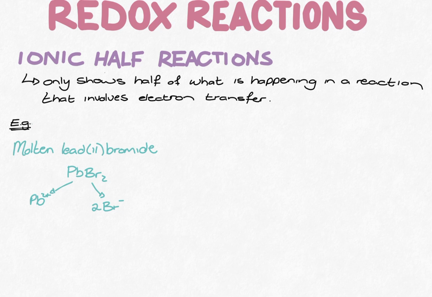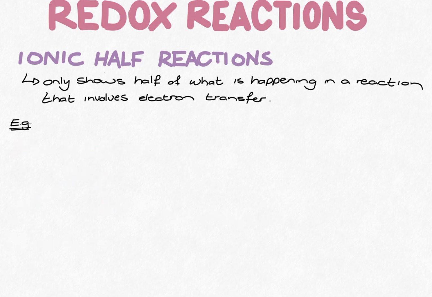Now my lead would gain 2 electrons to become neutral lead, and my bromine would be 2 bromide ions, which would lose 2 electrons to give me bromine gas that's being released at the anode.